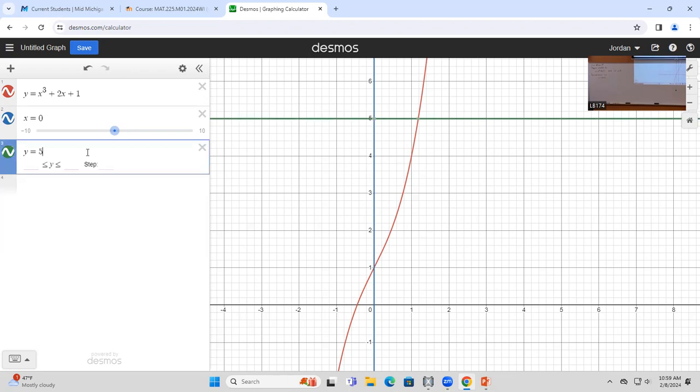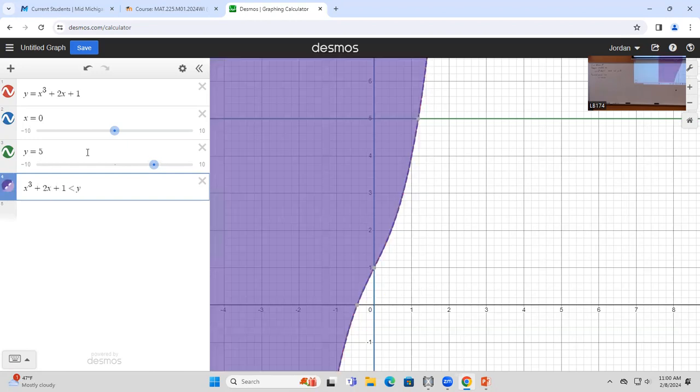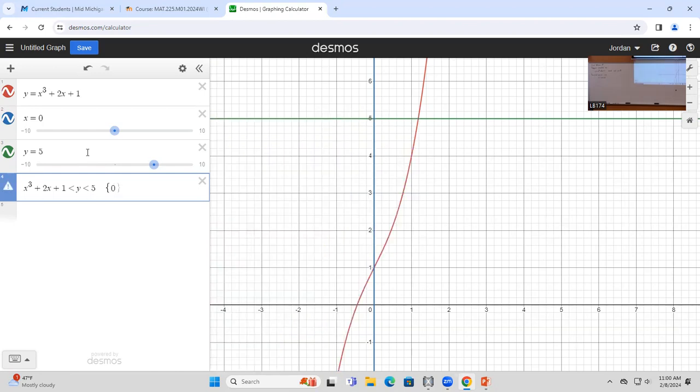Now, really, the only thing that we need to do is realize that if we're revolving this around the y-axis, oh, I'm sorry, I didn't have that pulled down enough.